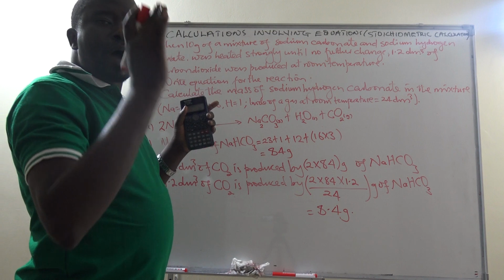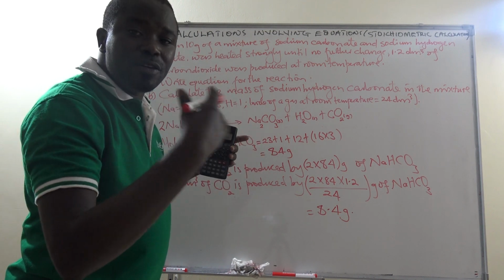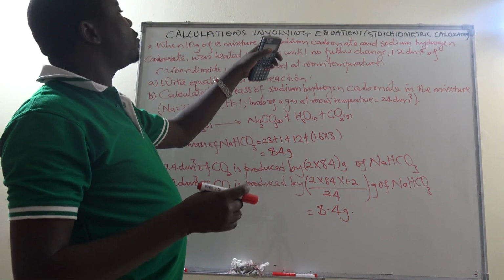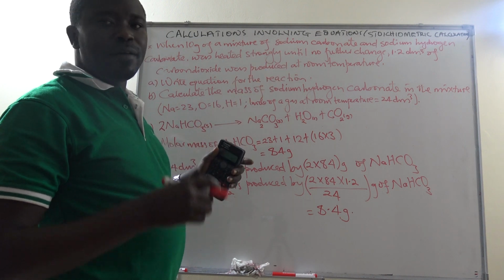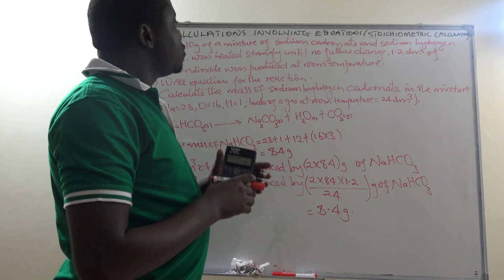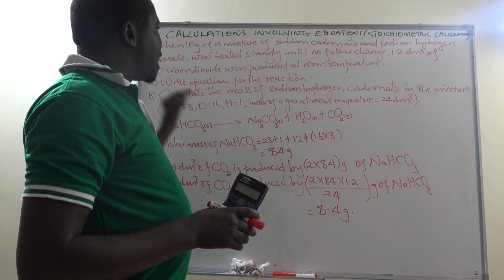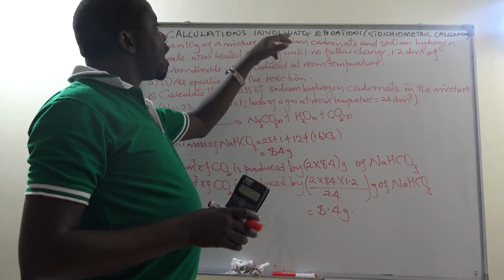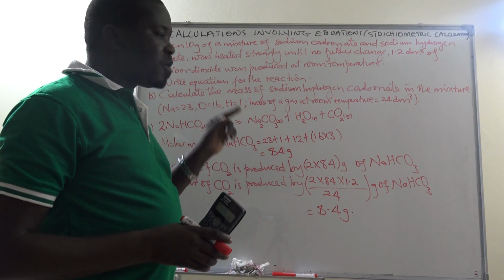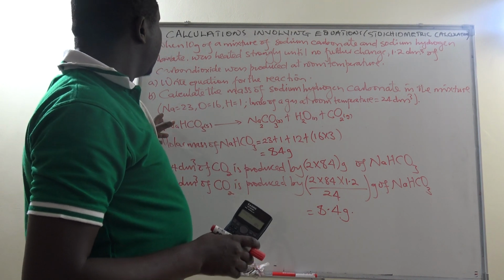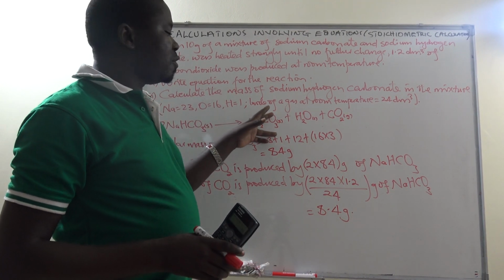So you need to be very keen when you're given such a question, because you may find that in the question, one of the substances does not undergo the reaction. It is only one of the substances that can react. So you need to know, if you are writing the equation for the reaction, which substance is going to react out of the two in the mixture and which one is not going to react. And then you should be able to write the equation very well and you balance it.